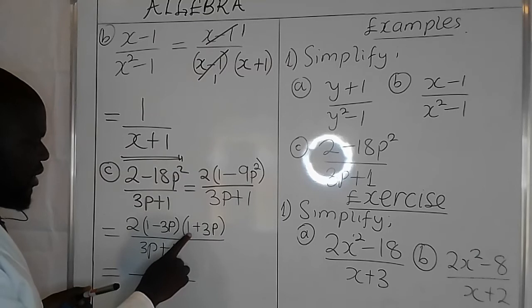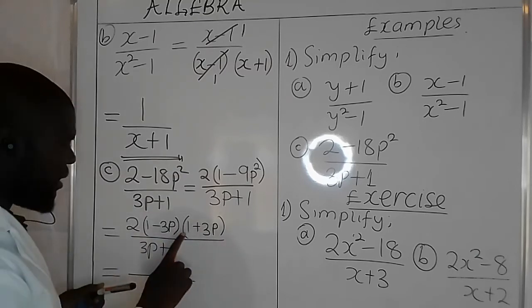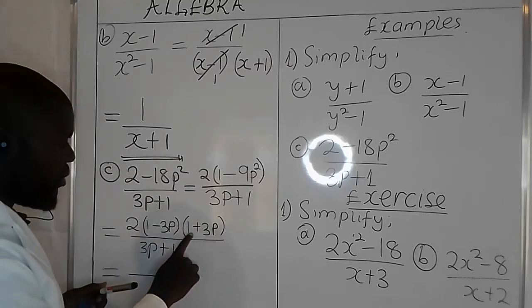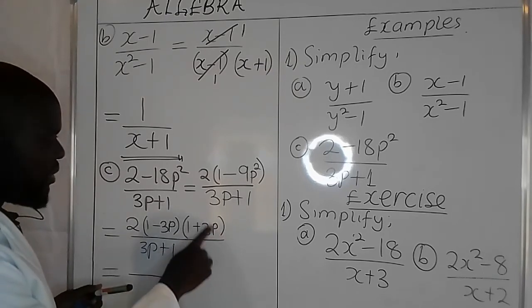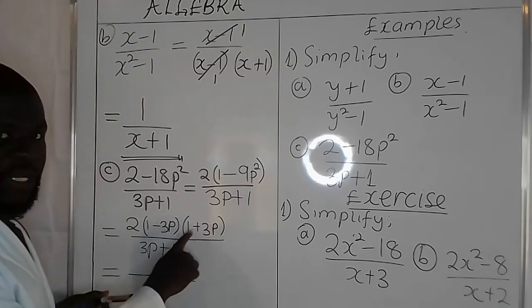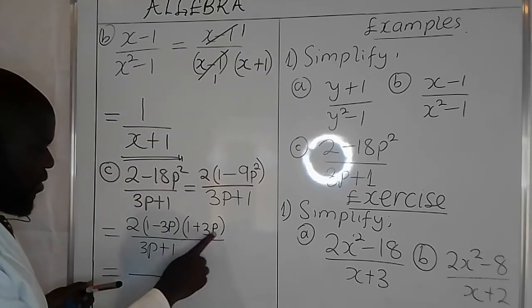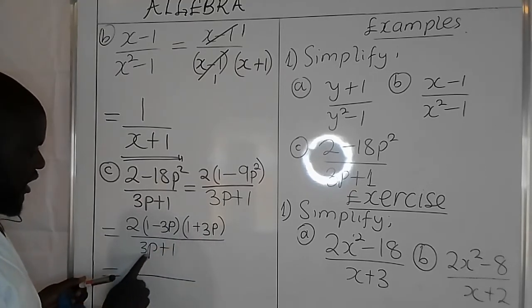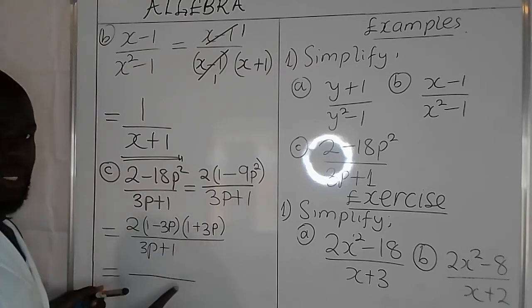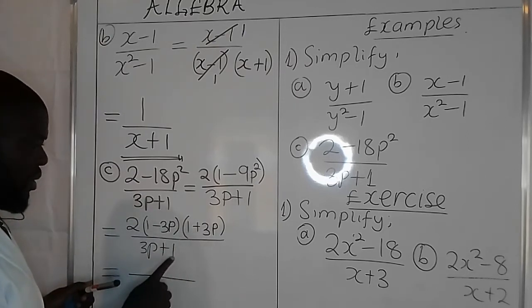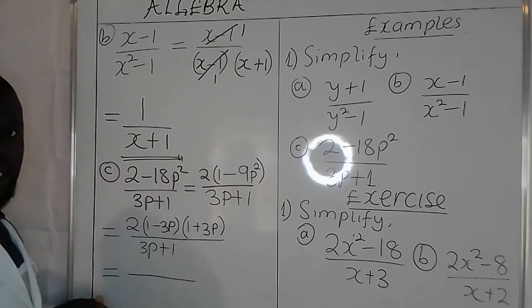When you are adding, commuting the numbers does not make any difference. Here you are starting with 3p, here you are starting with 1, but as long as the terms are positive, the two are just the same.